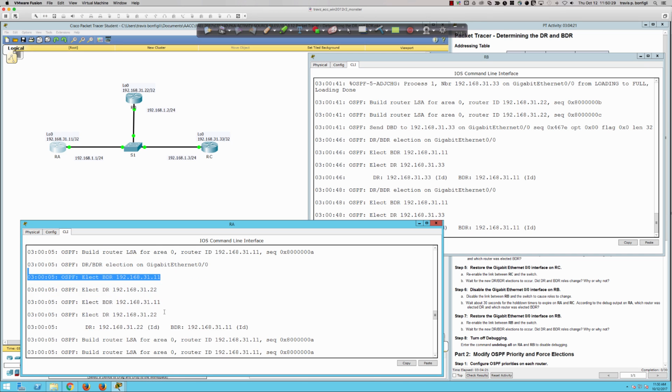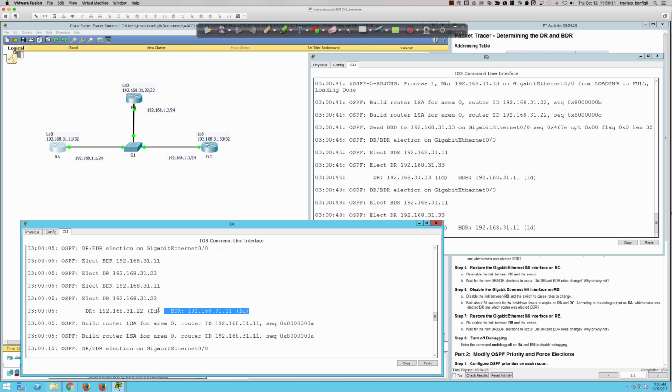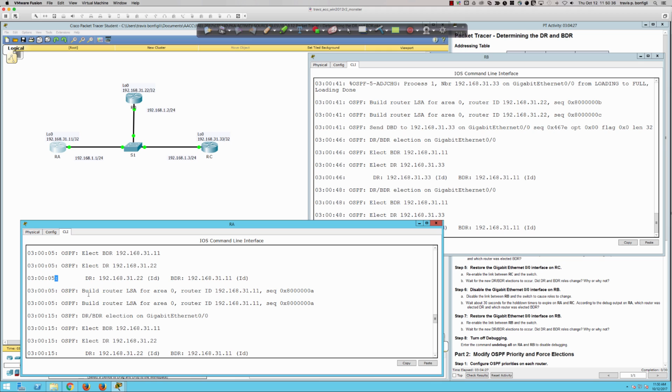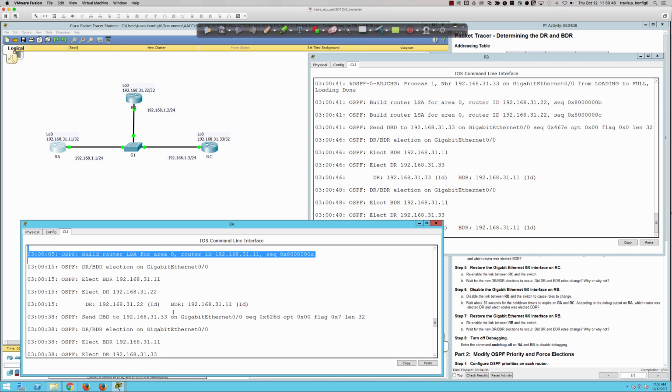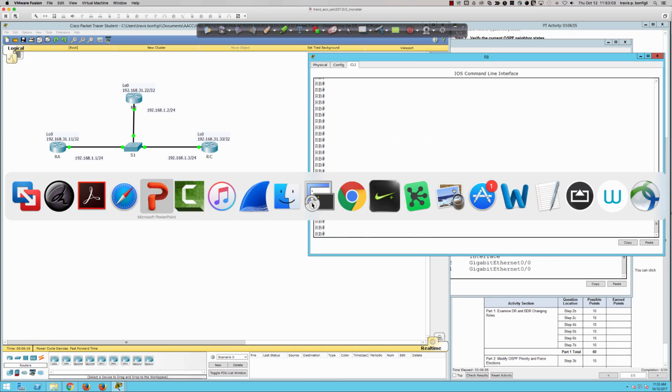And it turns out that router 1 gets elected as the BDR, as you can see right here, which means we now have LSAs that have to go out from router 1, because it's updating its type 1 LSA, now that we know who the DR and the BDR are going to be. And that is what you see right there.